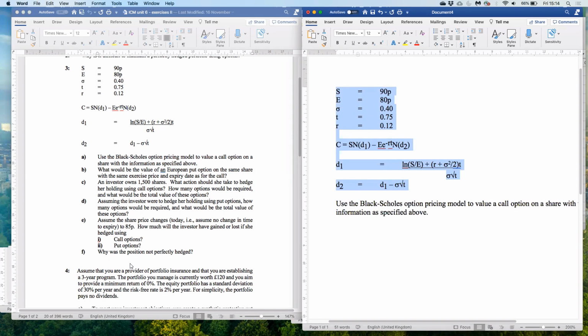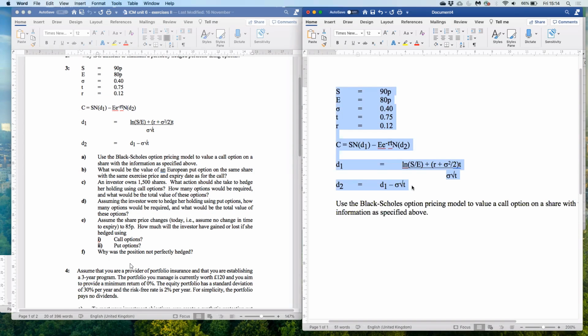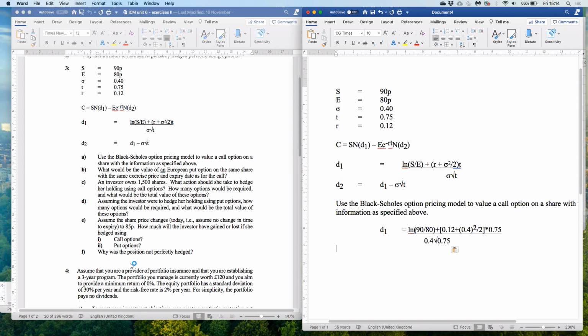Using this formula, we calculate first D1 and then D2, and then we calculate the call option pricing based on the Black-Scholes model. So first, insert the values for D1.